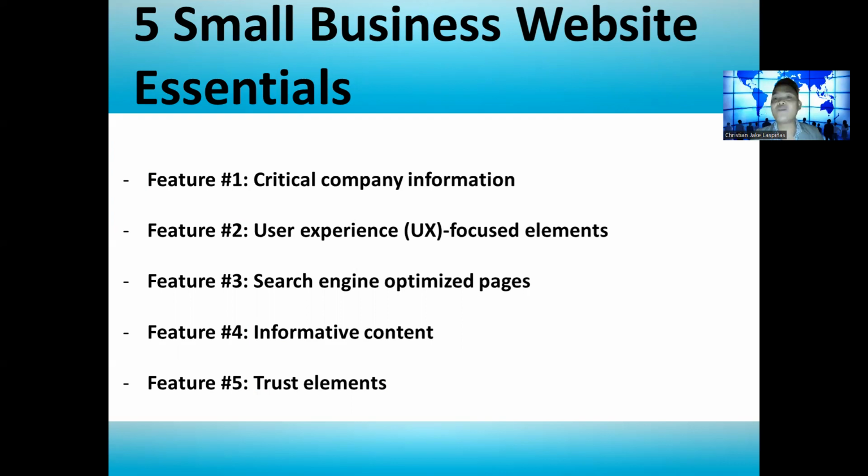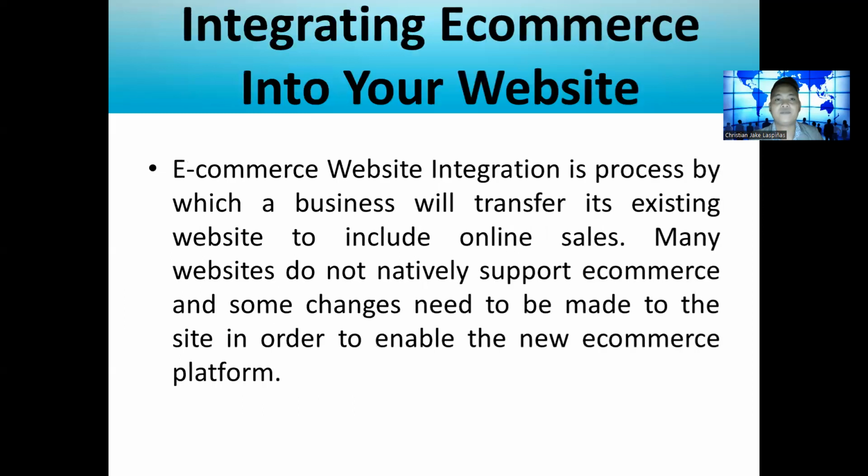The third one, we have the search engine optimized pages, informative content, and the last one, we have the trust elements. Now, when we say informative content, make sure that my website has all the details about the products and services that you offer.